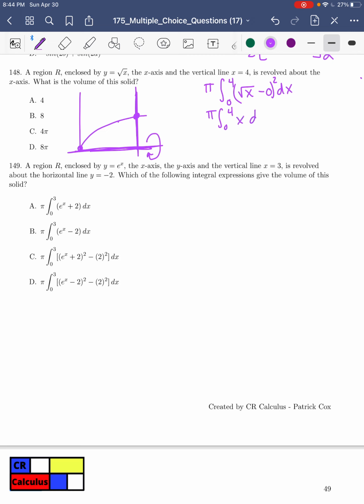If you square a square root, it just goes away. So I end up with x dx. So then I have pi x squared over 2 from 0 to 4. Plug it in. We end up with 4 squared over 2, which is 8. Multiply it by the pi, you get 8 pi, which is D.